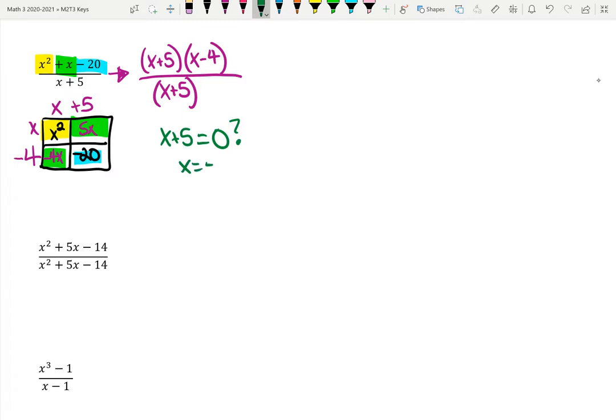I can see on sight that it's going to be negative 5. This means that the domain will be negative infinity to negative 5, and then it'll carry on its business, negative 5 to infinity. What this is essentially saying is x can be any number but negative 5.